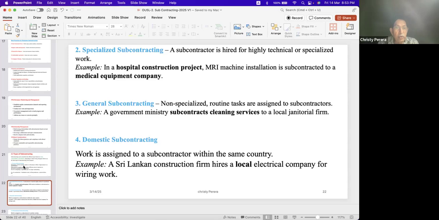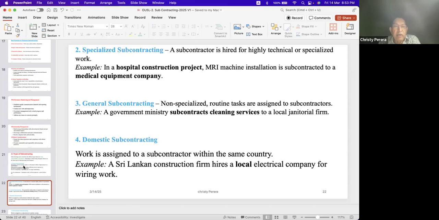One thing that I told you all, this is maybe the operation theater or the MRI machine installed room. There are some special cleaning needs, but this is janitorial services. It's not specialized work like fixing the MRI machine or fixing the operation theater. It's a general subcontracting.